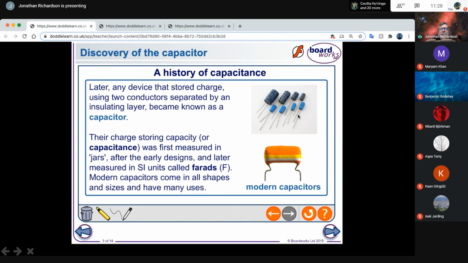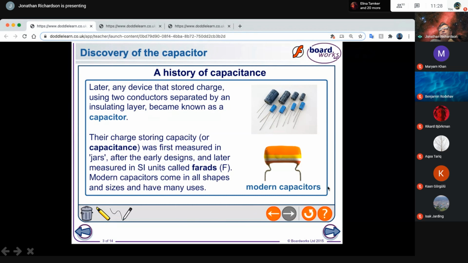So these are similar types of devices. I move them into my face so you can see whereabouts they are. These provide the same thing that we use in modern day capacitors.